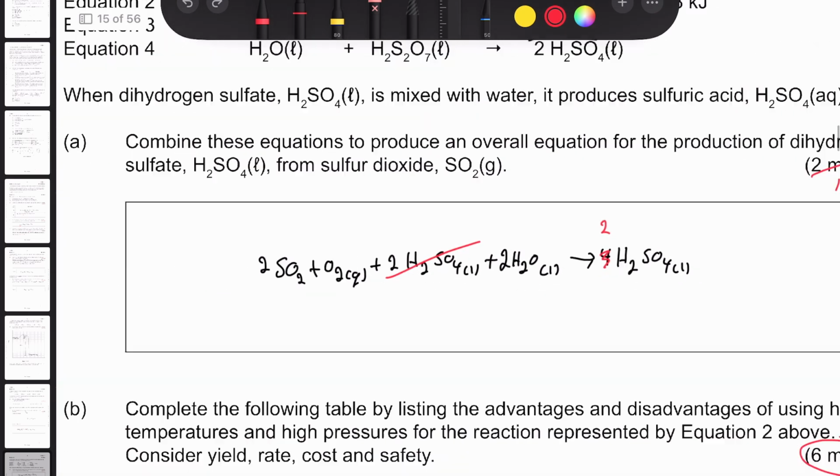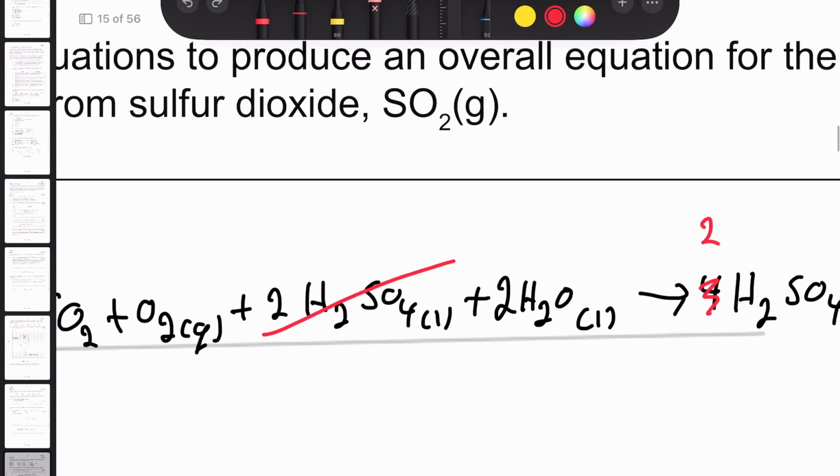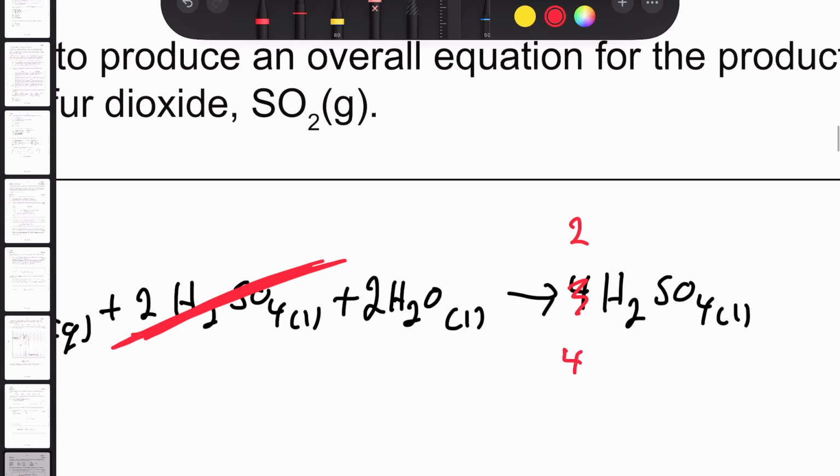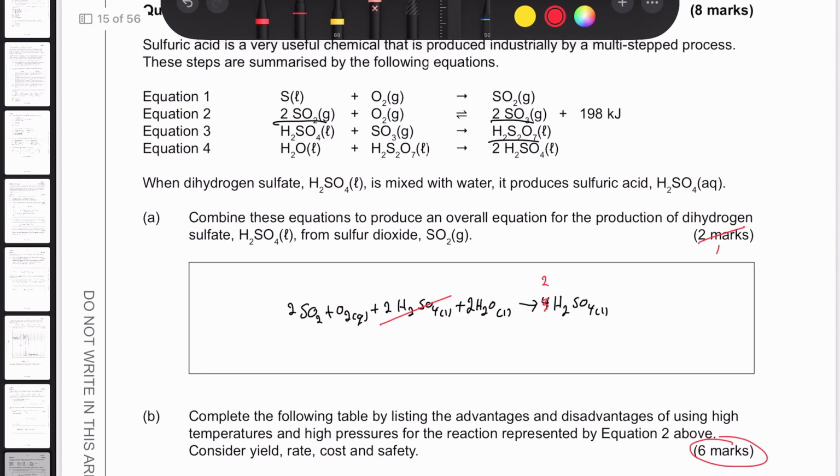Moving along. For this one, I should have crossed this out, since there's 4 here and there's 2 here, so I can get rid of that 2 and just make that a 2. So yeah, not really sure why I didn't do that. And then what did I give myself a mark here for?